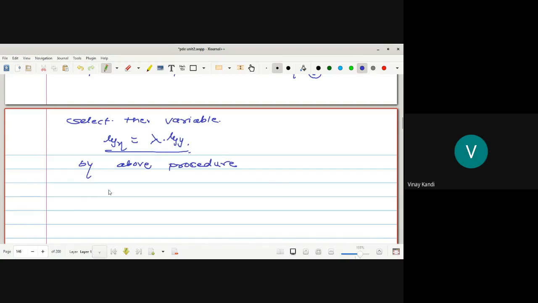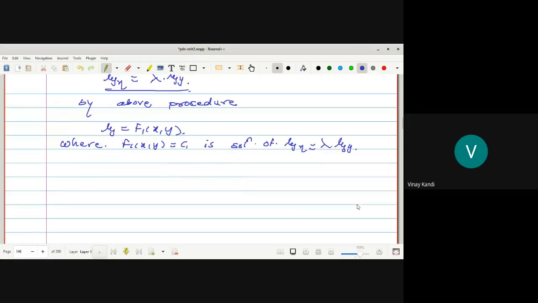Okay, from this equation we get the value of psi as the function f1 of x y, where f1 of x y is equal to c1, is the solution of psi x is equal to lambda into psi y, that is dy by dx plus lambda of xy is equal to 0, the solution of this one.